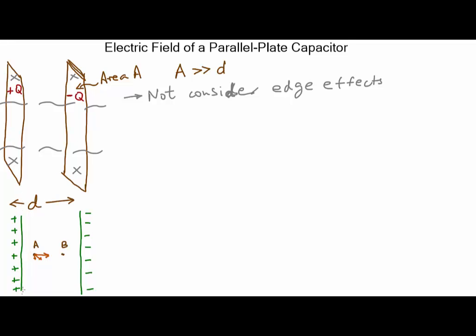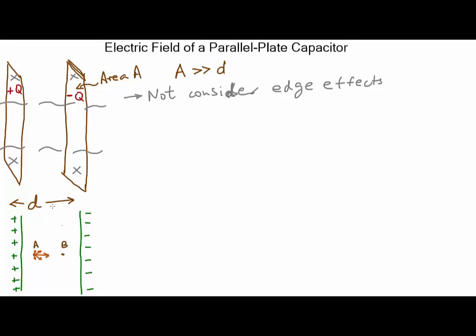And then as I go below the central charge, this charge would have an electric field at A that points like that, away from it, with about the same magnitude as the one from the charge above the central charge. As I move on to the next one, once again it points directly away from it, and is shorter.